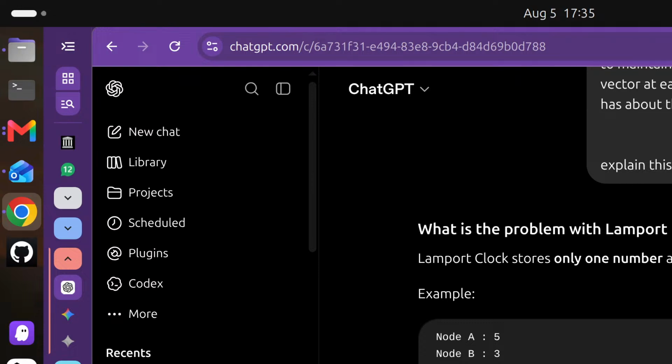Like node A is 5, node B is 3. It tells the order of events, but it does not tell what each node knows about the others. So we can say B happened before A and then A happened before C, right?